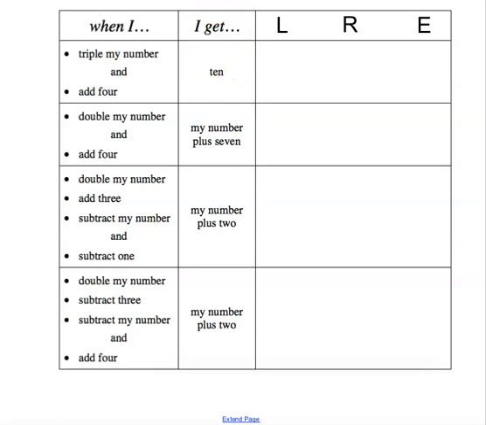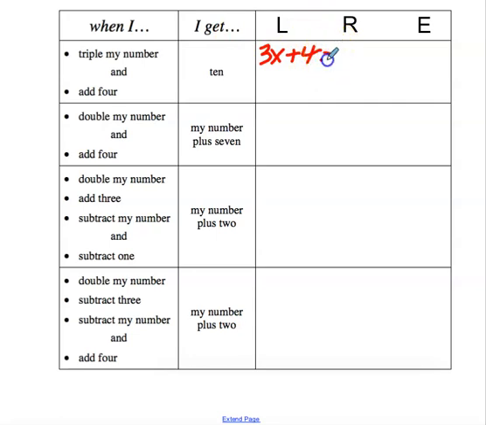And you've done problems similar to this already in class. So if I triple my number, we'll make it easy and we'll say your number is x. So if I triple my number and add 4, I get 10.